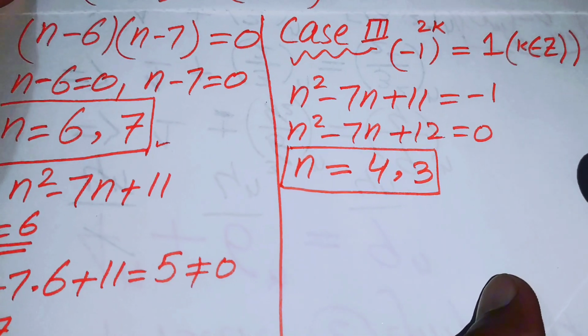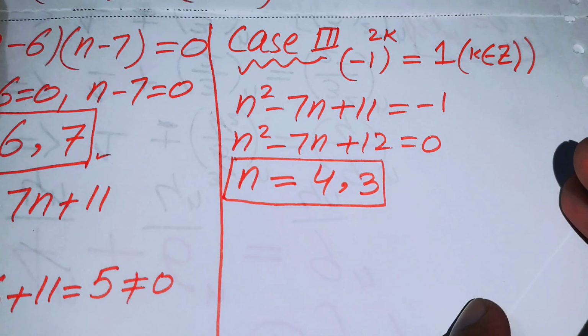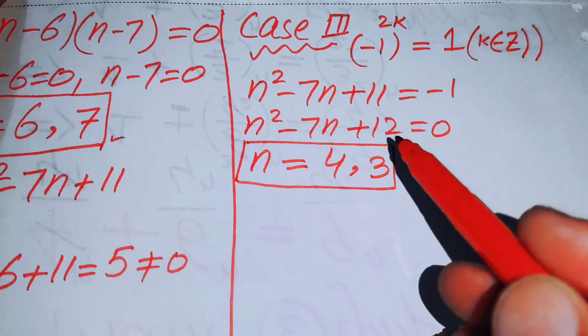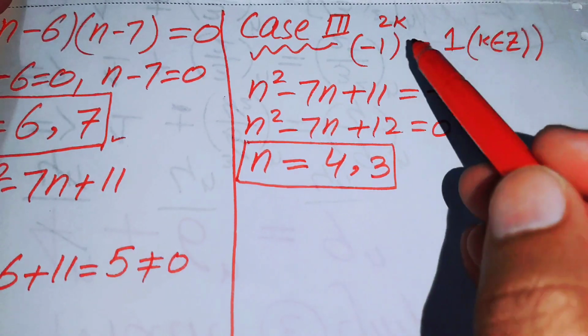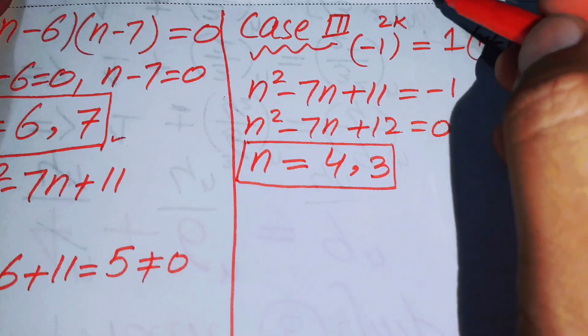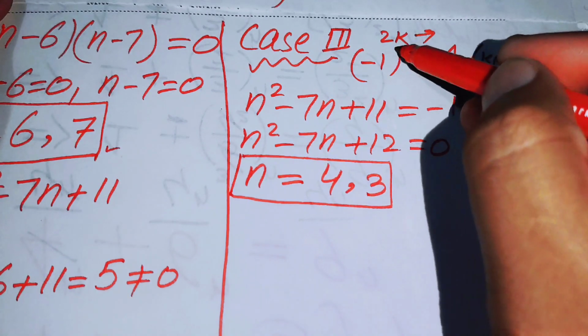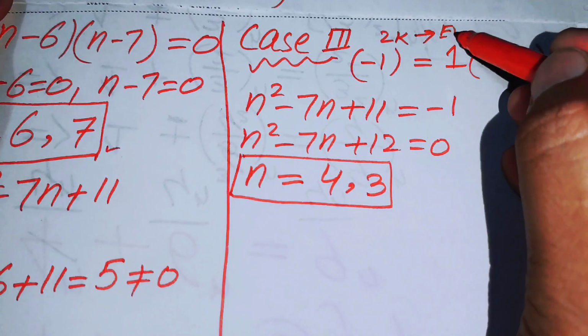Now we can check the values of n in this case. Here you put the values of n in the exponent of the given question and you should get an even answer, because you need the exponent of this minus 1 to be even.